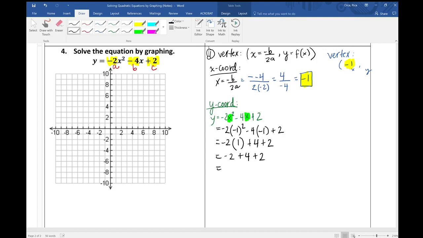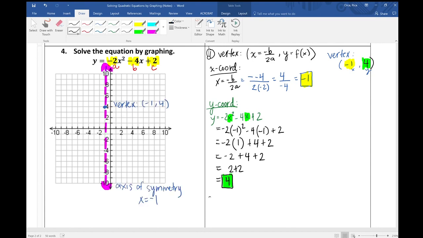Negative 2 plus 4 is 2, and 2 plus 2 is 4. So the y-coordinate of our vertex is 4. Now let's plot the vertex. Our point is at negative 1, comma 4. Label the vertex. Draw the axis of symmetry.